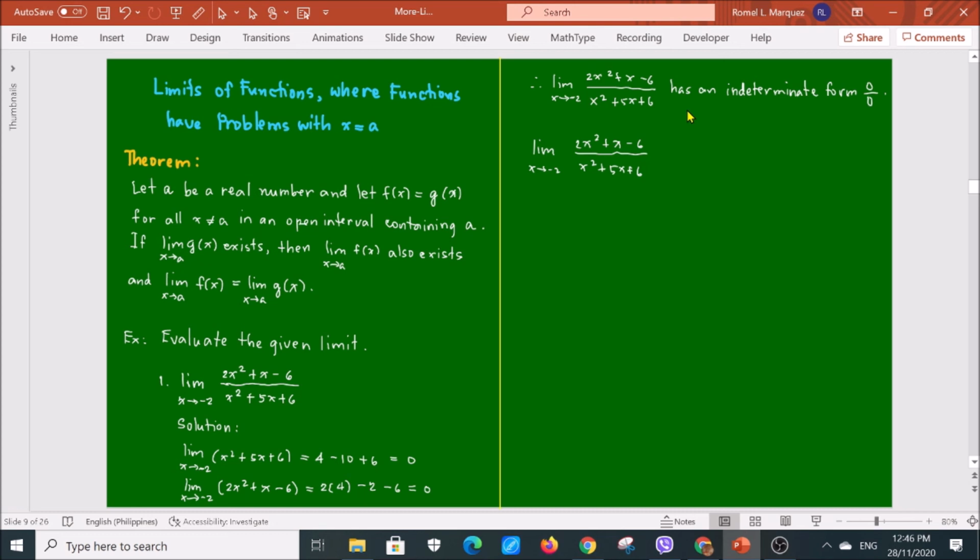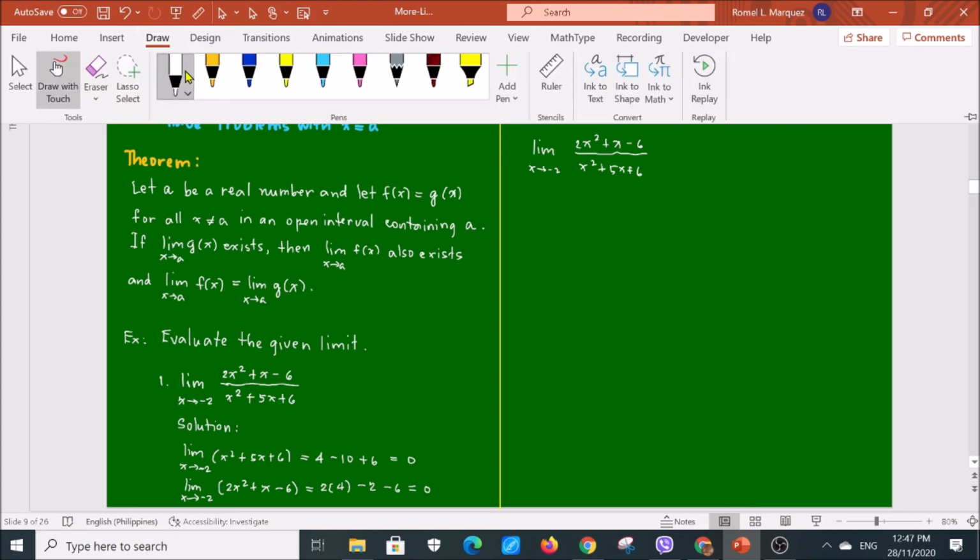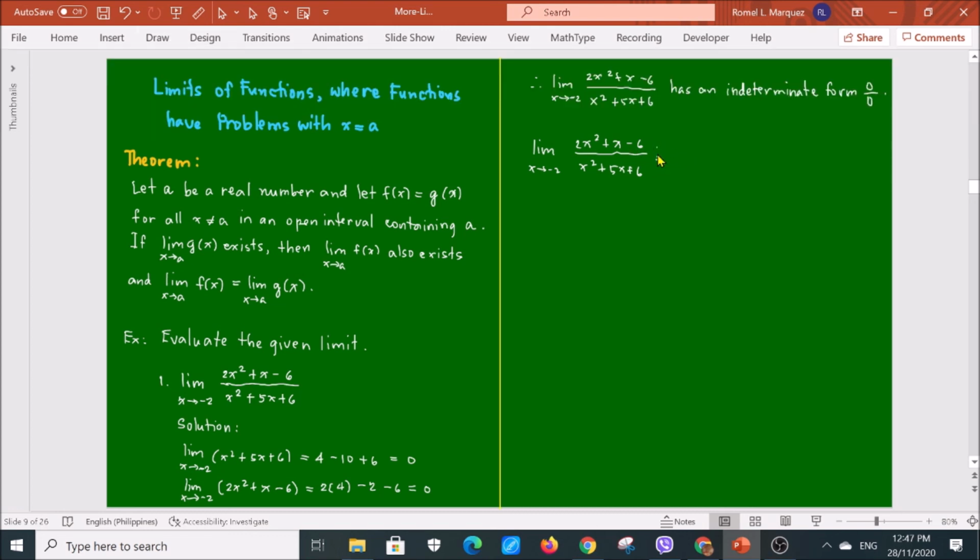You will see that in many books, in Filipino books, but that is wrong. They are not very careful. Imagine if it is equal to 0 over 0, why do you have to solve? That is already what you want. But 0 over 0 is not a number, so that's not what you want for the limit. So you just write a semicolon, meaning this takes the form of 0 over 0.